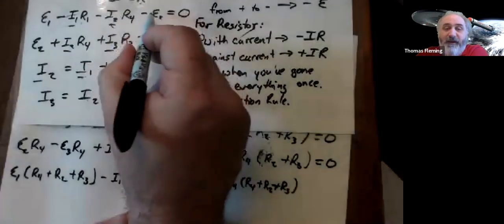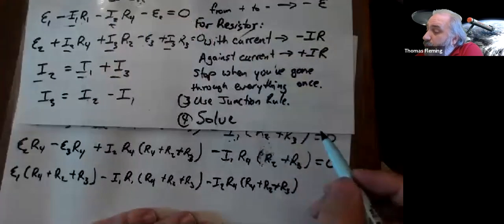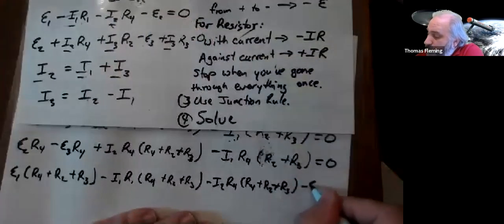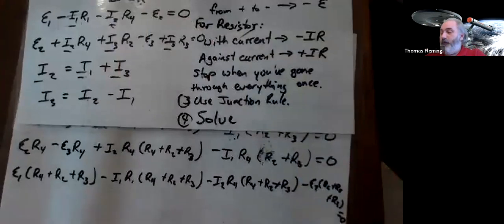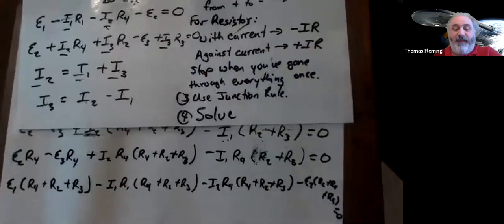And then minus EMF2 times R2 plus R4 plus R3 equals 0. It still equals 0. Ran out of room there. Whew, that was a mess.